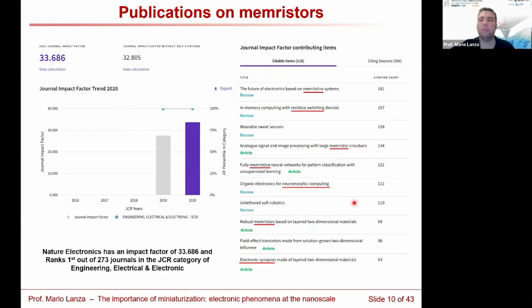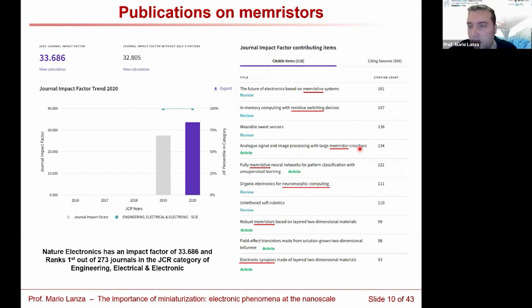Let me just mention, before going deeper into this topic, that the resistive switching topic is of very high interest right now for the community. Here I just show you one example for the papers published in 2018 by Nature Electronics, which is the top 1 journal in the JCR category of electrical and electronic engineering.